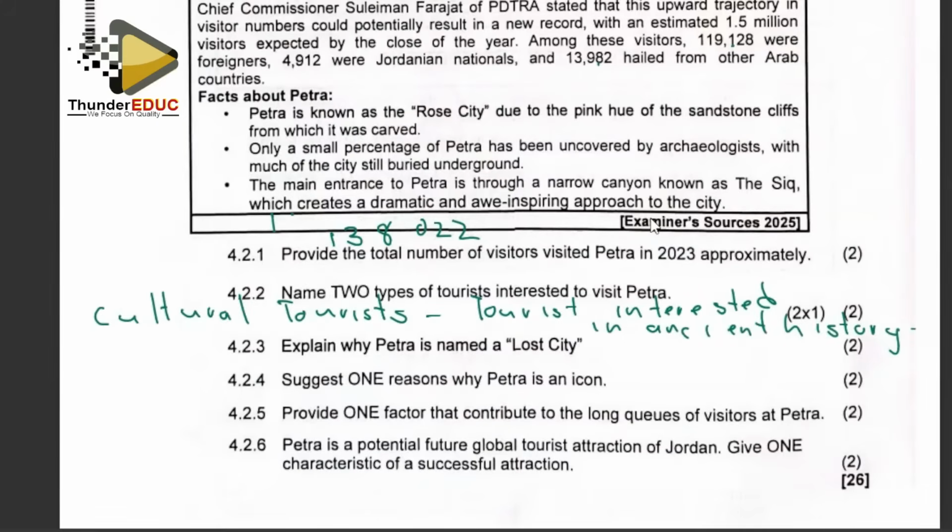Then explain why Petra is named a lost city. It is known as a lost city because it was abandoned and forgotten by the outside world.